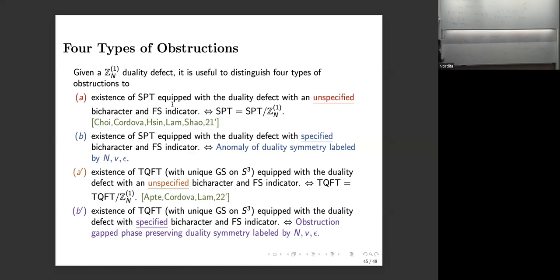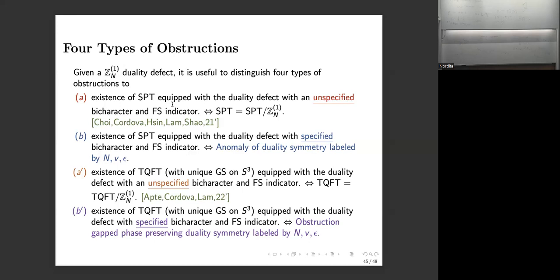These relations are obvious, and on the other hand, we know that this relation is the same as the duality defect being group theoretical. So in other words, being group theoretical is a necessary condition for the duality defect to be anomaly free.